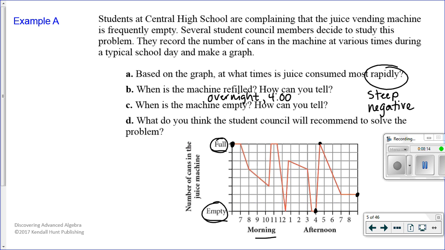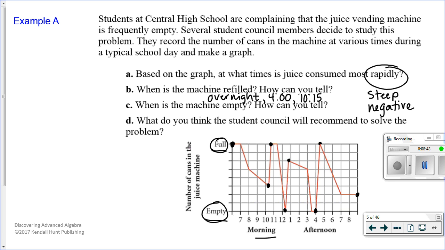Is it refilled to its fullest at any other point? It's not refilled up to the top at any other point, completely from empty to full, but it looks like it's also refilled from less than half full to full at this point, at about 10:15 a.m. It's also filled, and then it looks like we go from empty to about 75% full at that point.